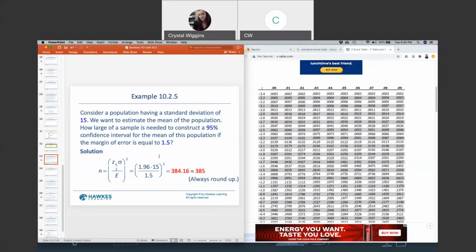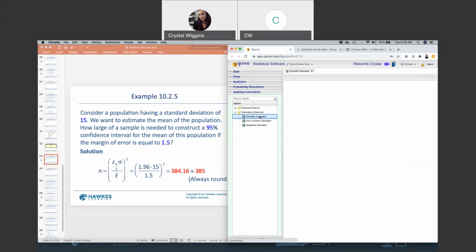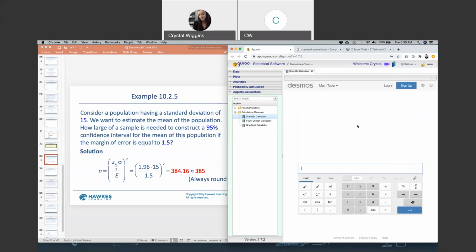And if you stick this in your calculator, we can see what it comes out to. There is a calculator in Rguroo that I learned about. So if we come over here to applets and calculators, it's using Desmos. So if I come over here and I calculate with the scientific calculator, you do have to double click it, weirdly enough, even though everything else you don't have to double click.